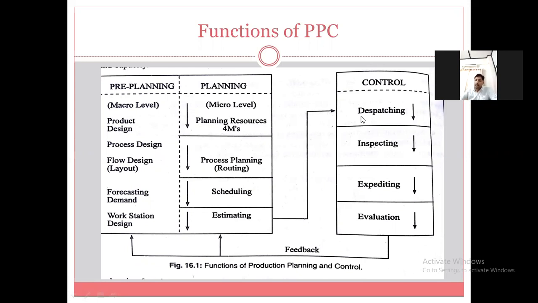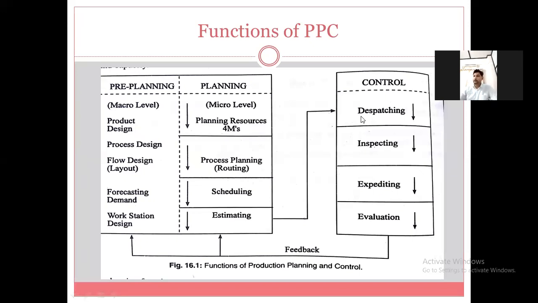But here in the controlling phase, dispatching is dispatching the orders to specific machines, specific workers, or specific departments. This is one part, dispatching the order. We are giving the order to the workstations or the workers.